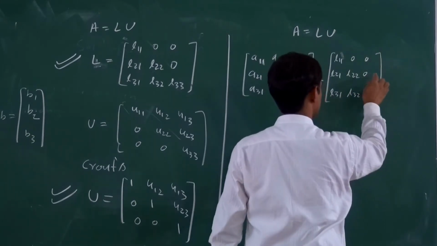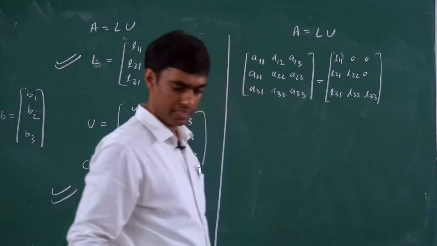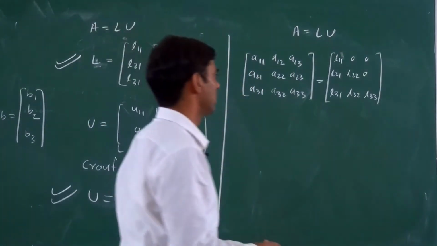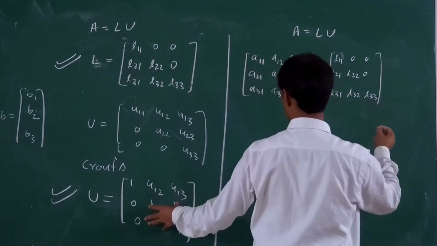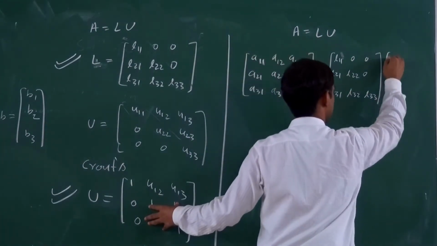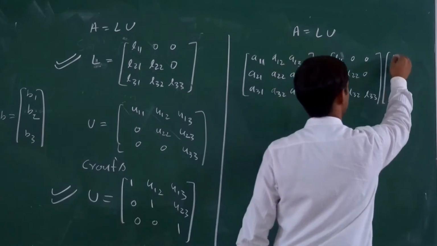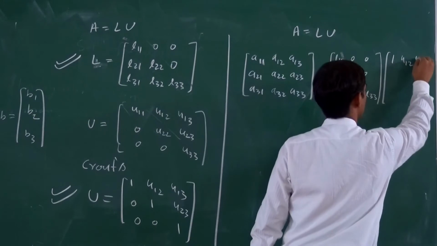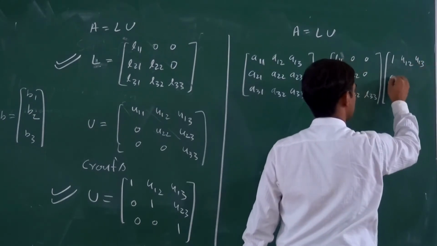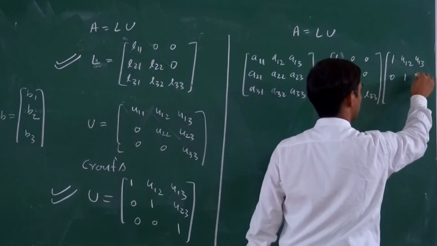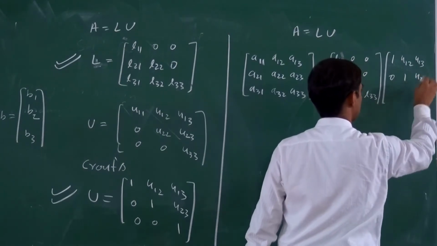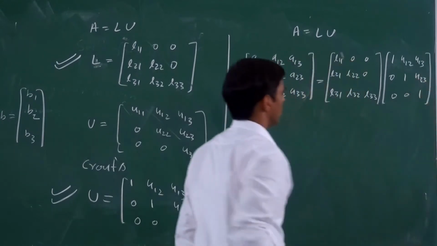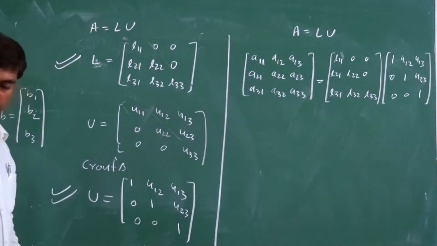Similarly, we write the upper triangular matrix. In the case of Crout's method, this is 1, U12, U13; 0, 1, U23; 0, 0, 1.